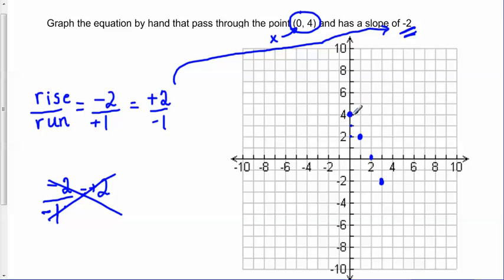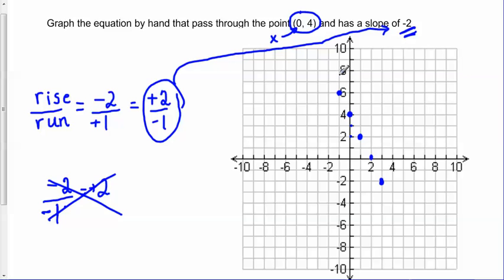If we go back to our y-intercept and we use this idea for our slope, if we rise +2 and we run -1, so running in the negative direction means we could be going to the left because we're moving in the negative direction. Notice that would put a point right there. And that's going to be right on the same line as those other points that I found using -2 over +1.